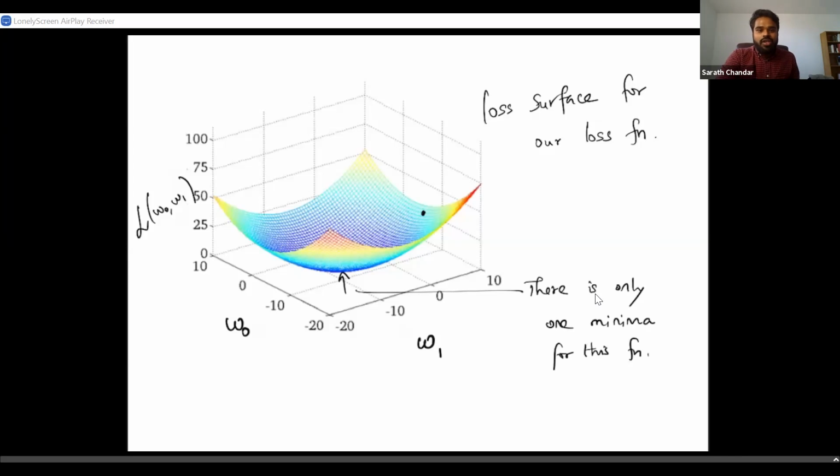Okay. Now, given that this is the loss surface for linear regression, can anyone come up with an algorithm to find this minimum? No chat, use raise hand. I want a specific answer. Masood, can you unmute?